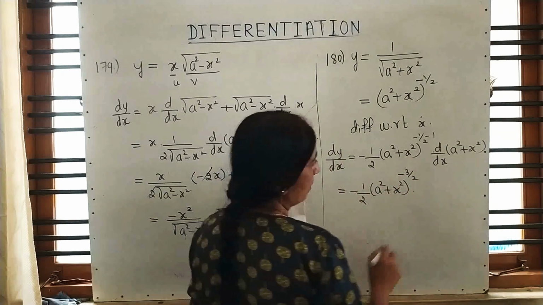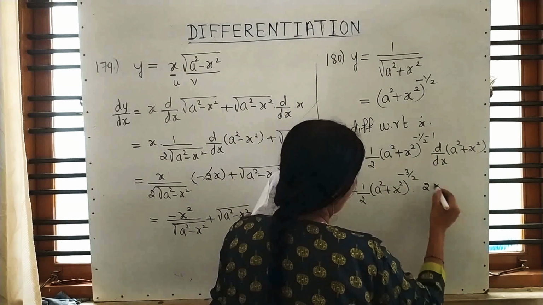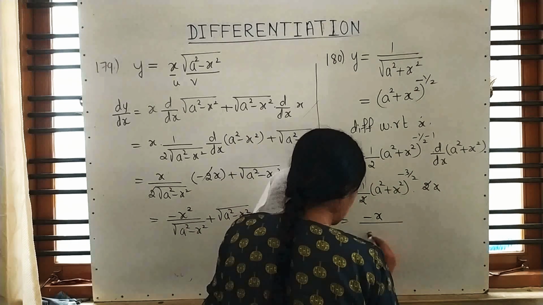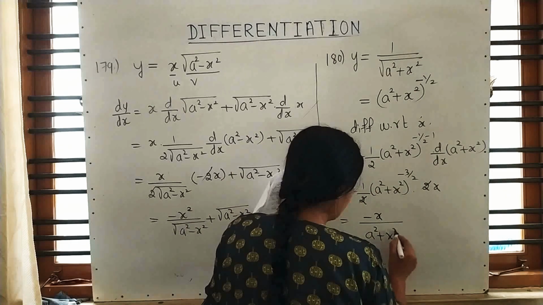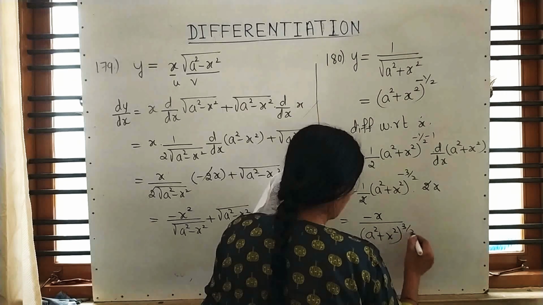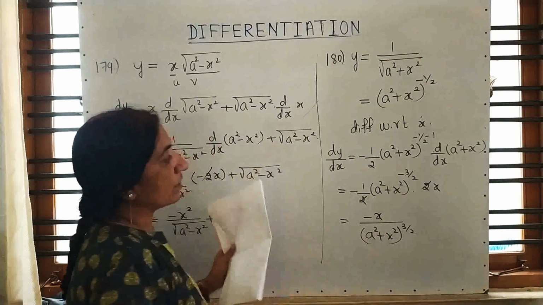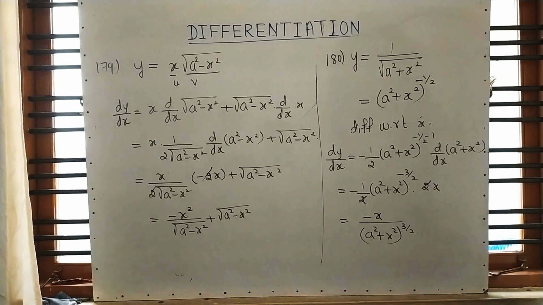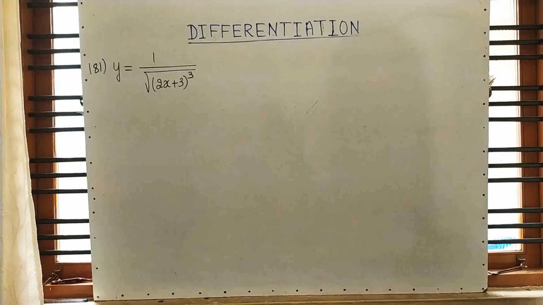Differentiation of a square is 0. Differentiation of x square is 2x. And because of this negative, I am writing that in the denominator. See, like this we are solving. Moving to the next question.